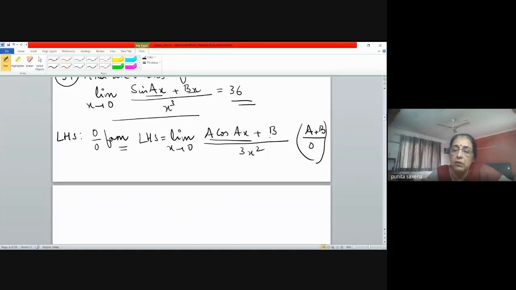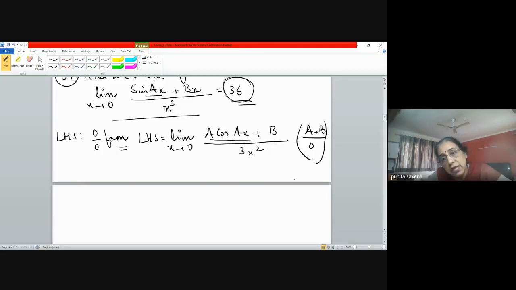Right? Now, if a and b would have been any constants, we would have concluded that some constant upon 0 is nothing but infinity. Okay, but the problem says that the limit is not infinity. The limit is actually 36.